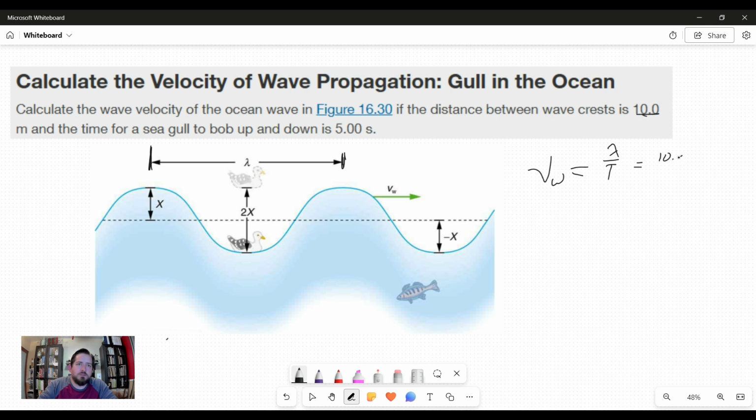So it's 10.0 meters for lambda, divided by the amount of time that it takes them to go bob up and down, to go up and then back down. That's one period. And so I just divide that 10 by 5.00 seconds, and I end up with just 2.00 meters per second.